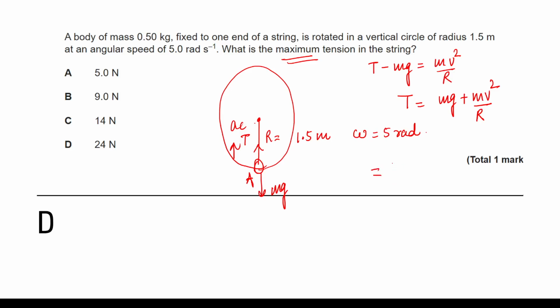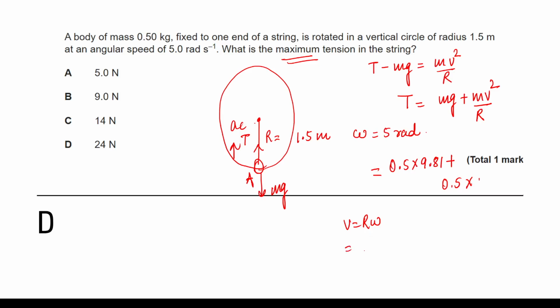Okay, now my m is 0.5, times 9.81, plus 0.5 times. Now my v is r omega. You can directly use this formula, m omega square r.